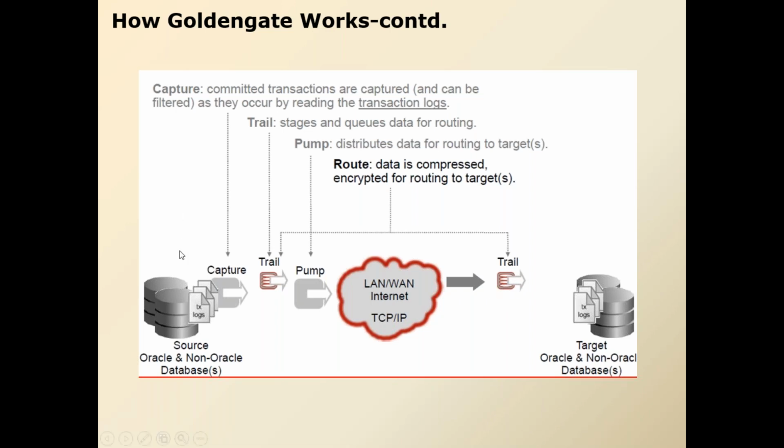So these trail files on the target machine are called remote trail. I again repeat: trail files on the local machine are called local trail, and trail files on the remote machine, that is the target machine, because they are remote to this server, are called remote trail. The pump process reads the data from local trail, sends it over the TCP/IP network, and writes it to the trail file on target, called remote trail.